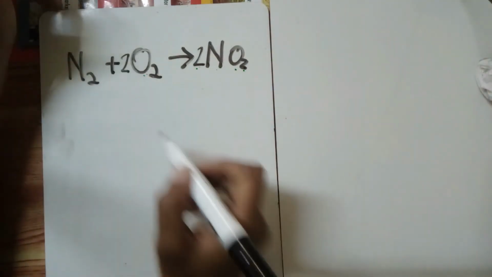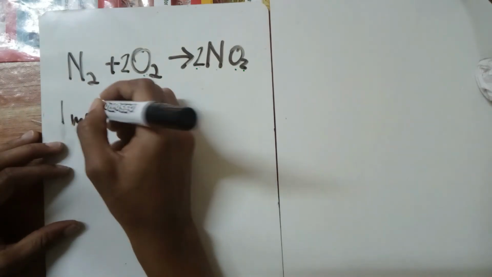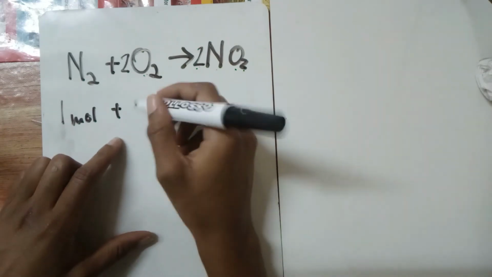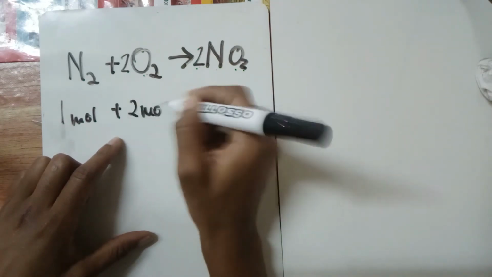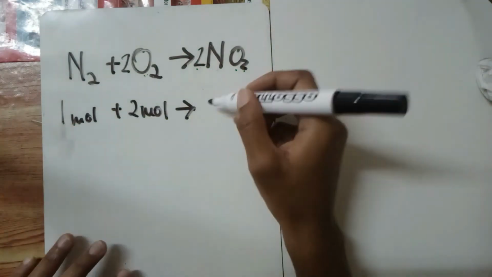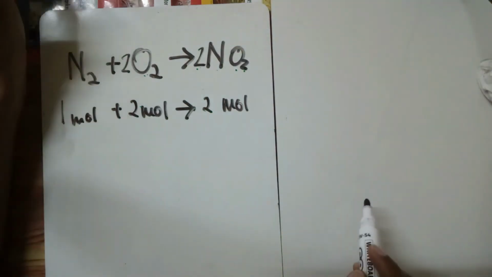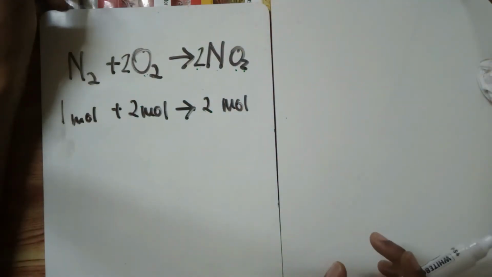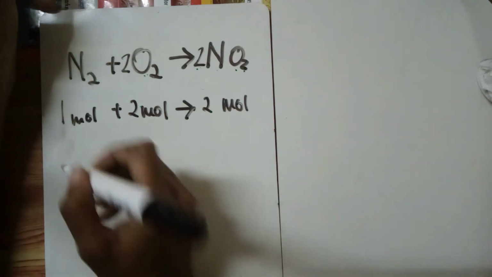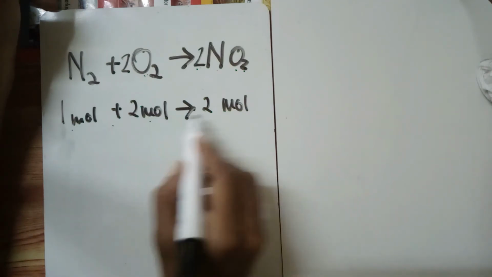So if we have this type of reaction, we know that 1 mole of nitrogen reacts with 2 moles of oxygen, and then it forms 2 moles of our NO2 right there, right? At STP, standard temperature and pressure, this means that the volume will also be in accordance with this mole ratio.